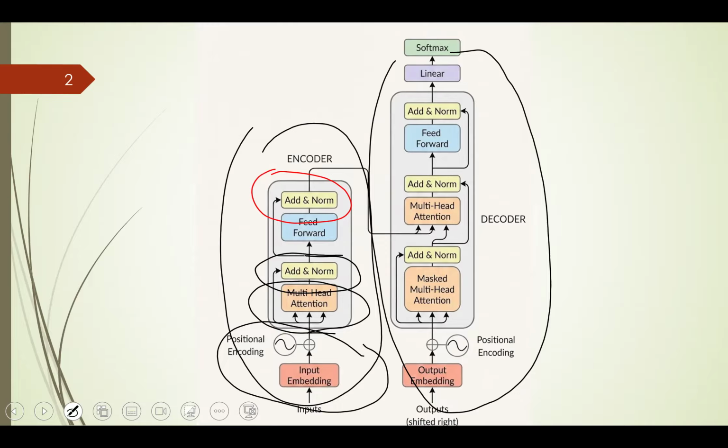In part five, we talked about the feed-forward network. And in this part, part six, we will talk about add residual and normalization. The details and calculation of this process were already in part four.